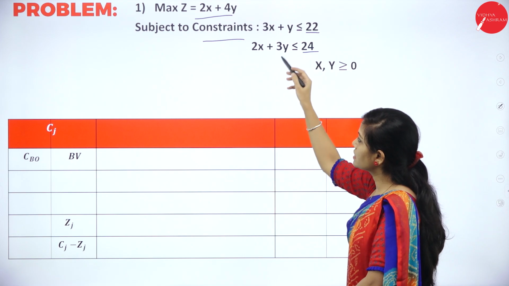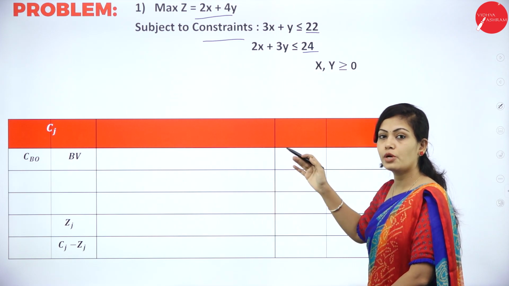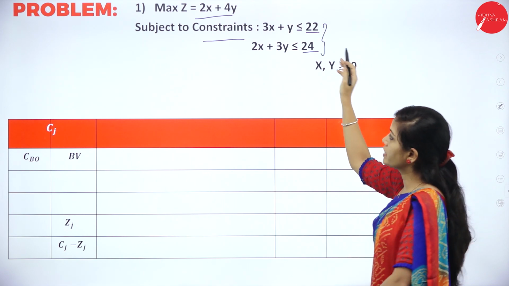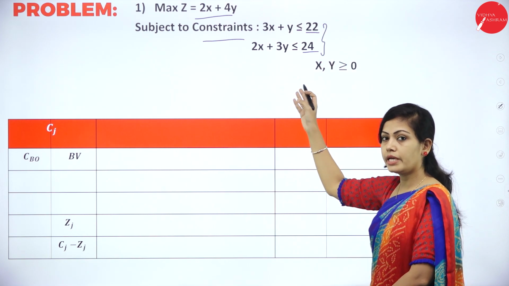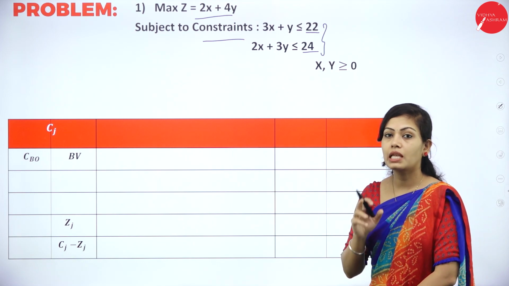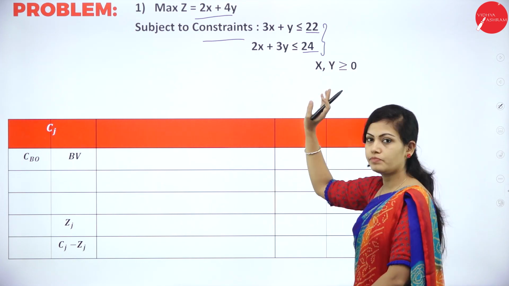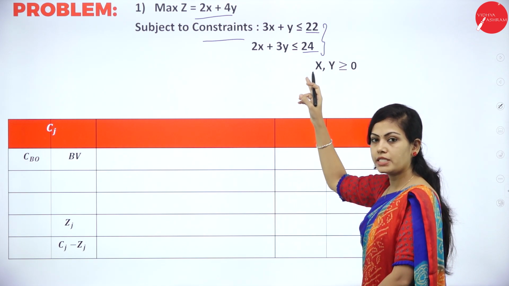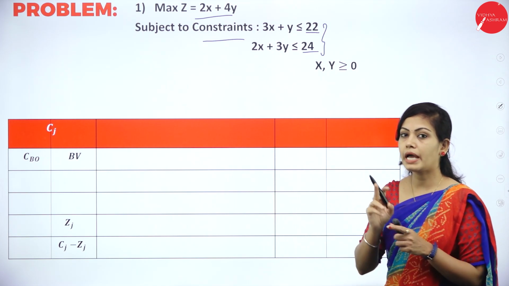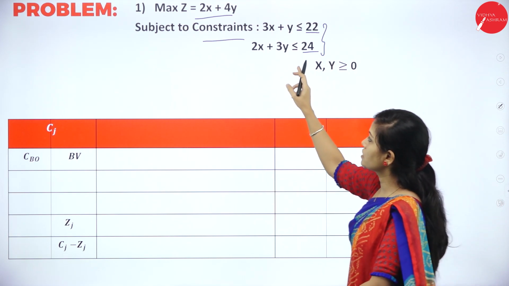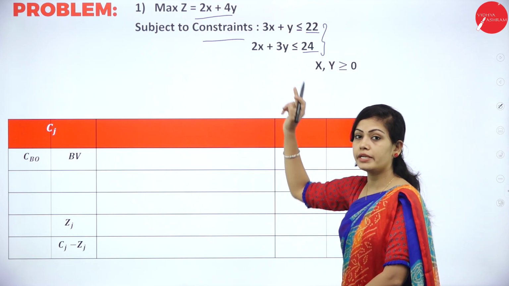All the constraints should be converted into equation format. This is not in equation format, it is an inequality constraint. Then I will convert it into equality by adding slack variables. So, I will convert these constraints into standard form by adding slack variables. So, first you convert this into standard form.